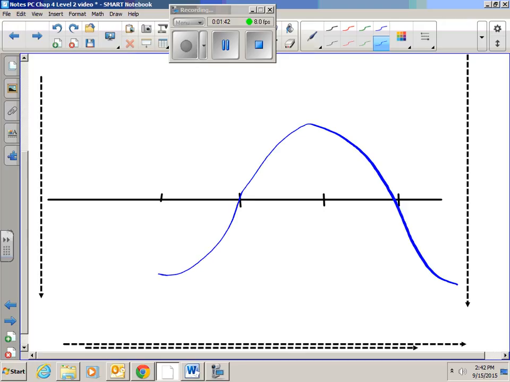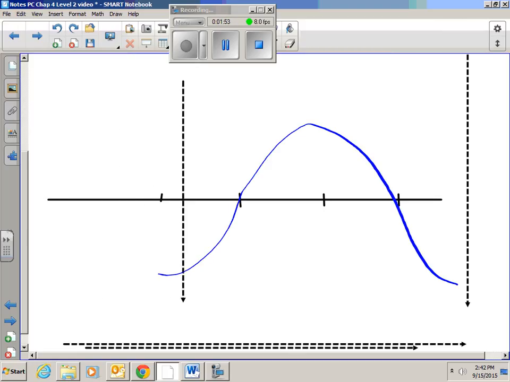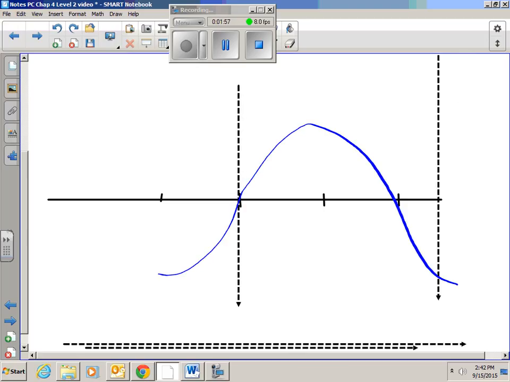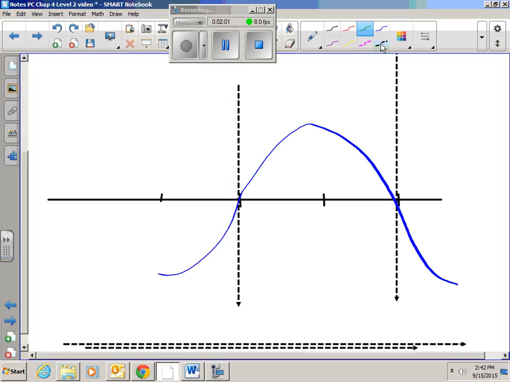And I know right now that this is the secant curve, which is the reciprocal of cosine, so I am going to have a vertical asymptote whenever cosine is equal to 0. I'm also going to chop my graph up into its 4 sections.